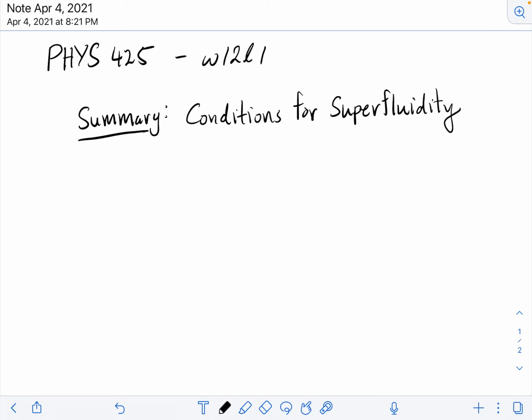So what I want to do to start is just to give an overall summary of some of the things that we've learned about superfluidity so far, and in particular some of the conditions that are required for superfluidity to exist. So what we need to do is to first cool a system of identical bosons below the Bose-Einstein condensation temperature.